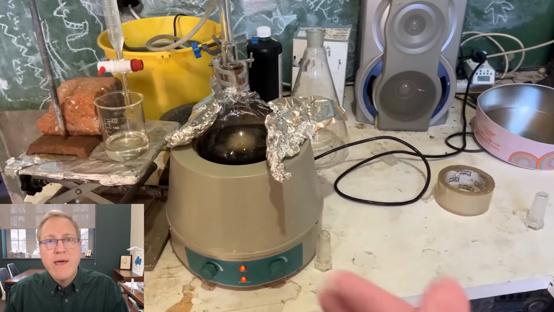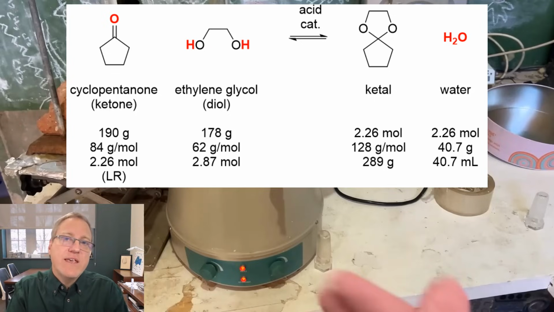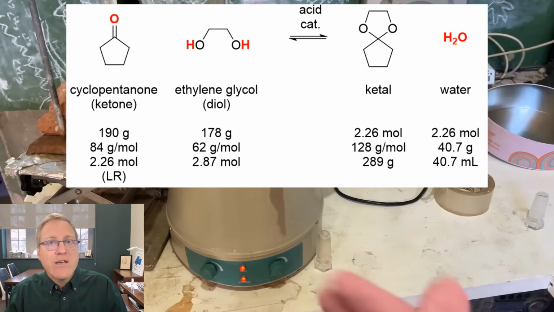Remember, and I'll put it back on the screen, when we look at stoichiometry, he has an excess amount of ethylene glycol, more moles of ethylene glycol than his ketone. So once the reaction's done, he should still have more ethylene glycol around. And so he wants to get rid of that. We know ethylene glycol is very water soluble.